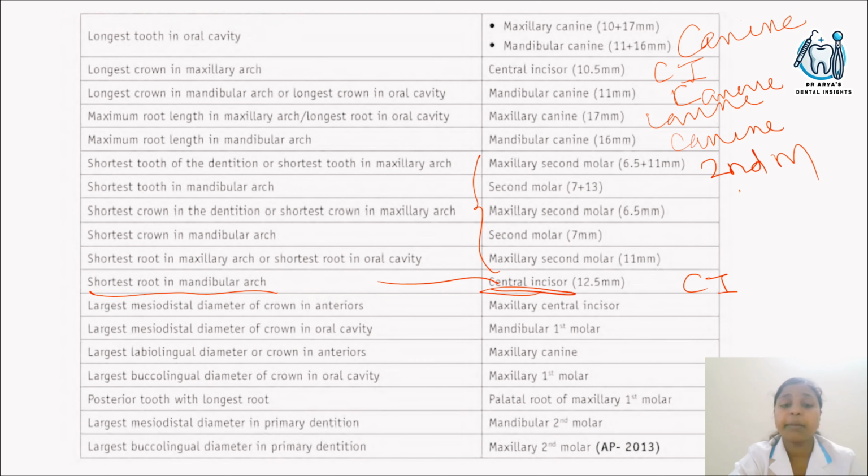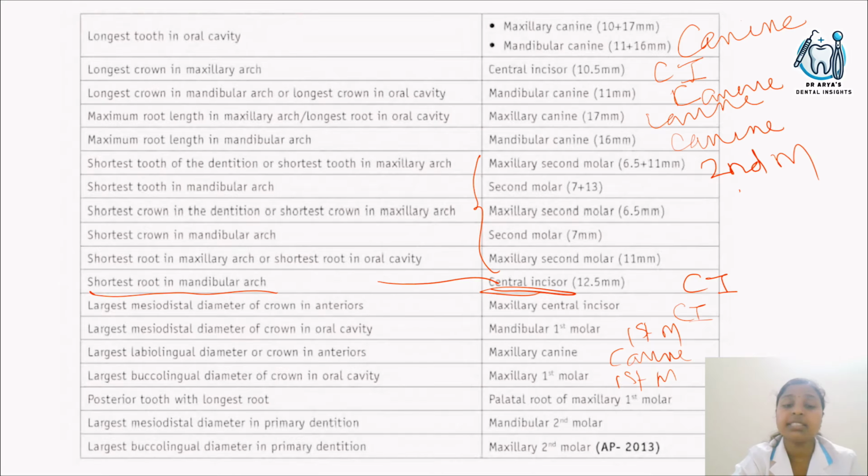Largest mesiodistal diameter of crown in anteriors is the maxillary central incisor. Largest mesiodistal diameter of crown in the oral cavity is the mandibular first molar. Then largest labiolingual diameter in anteriors is the maxillary canine, and in the oral cavity it is the maxillary first molar.